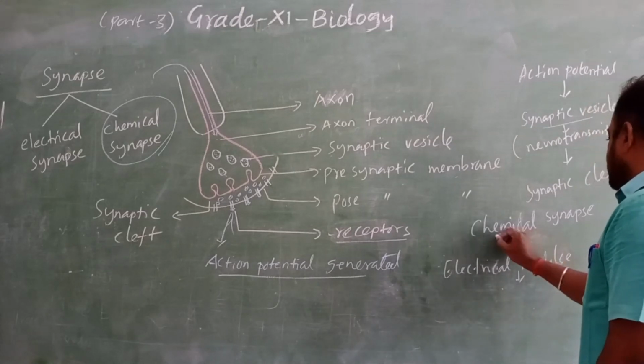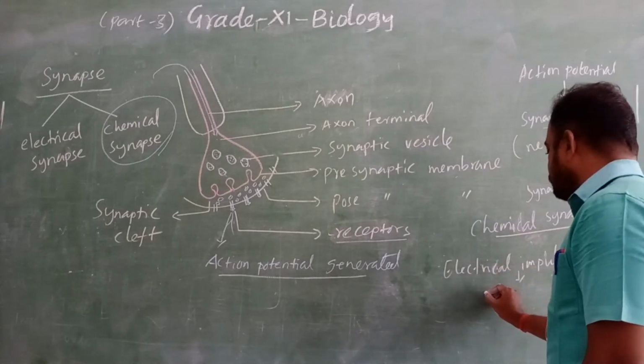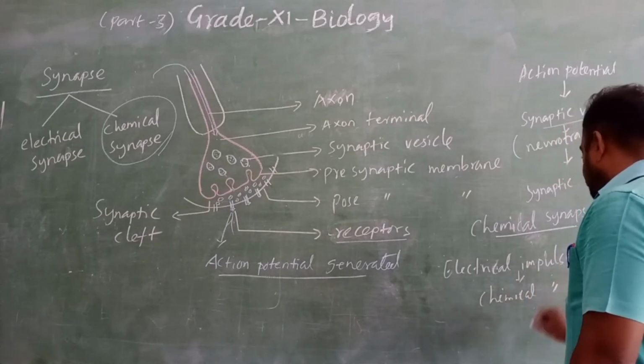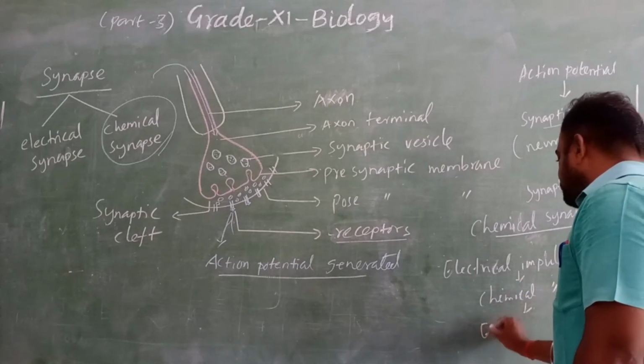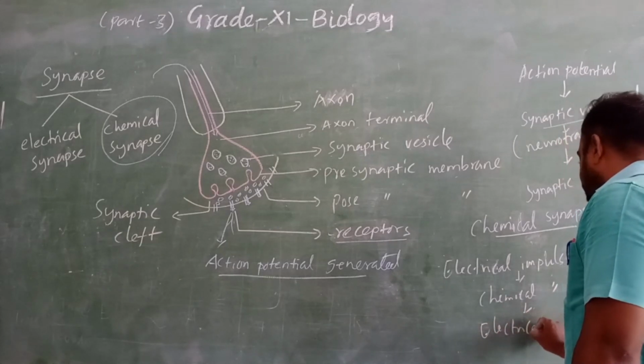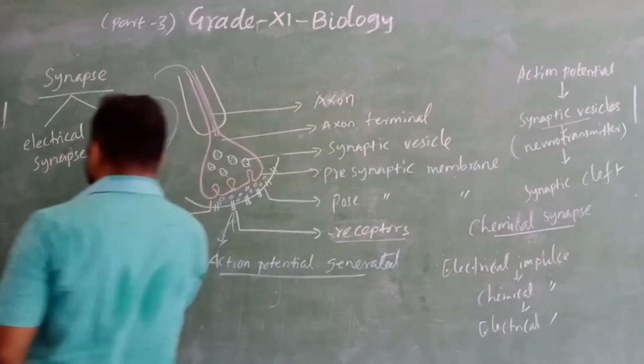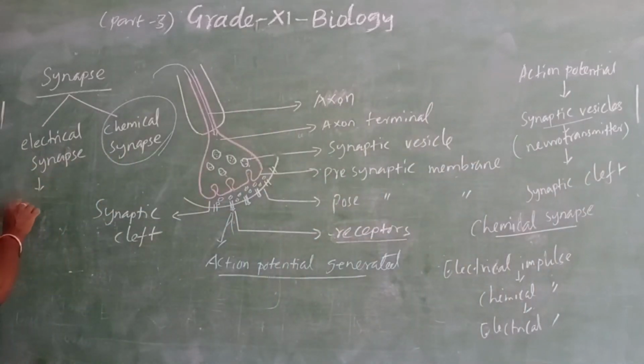In chemical synapse, what happens? The electrical impulse is converted into a chemical impulse, then again converted into an electrical impulse. But in the electrical synapse, only the electrical impulse is carried out.